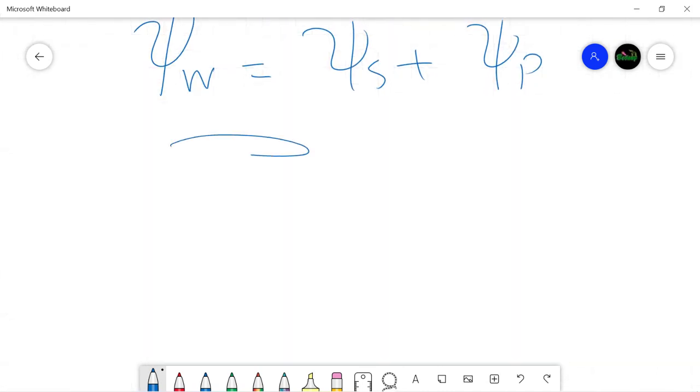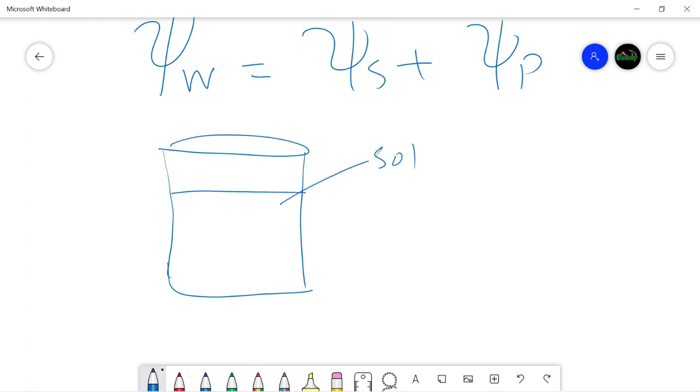So we have a beaker here. This beaker contains a solution and we are going to name it solution A. As far as its water potential is concerned, we are going to mention its magnitude.